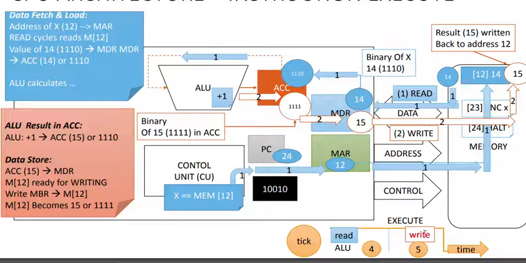In the final phase of execution, the value needs to be moved from the accumulator back into the MDR, and then a write cycle takes place, and the resulting value of 15 or 1111 in binary will be written to address location 12, and that will complete the execution of the instruction IncX.